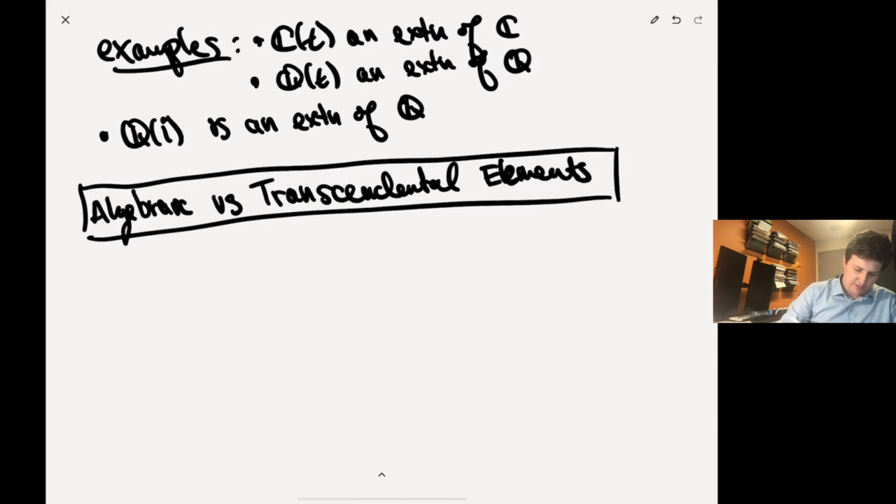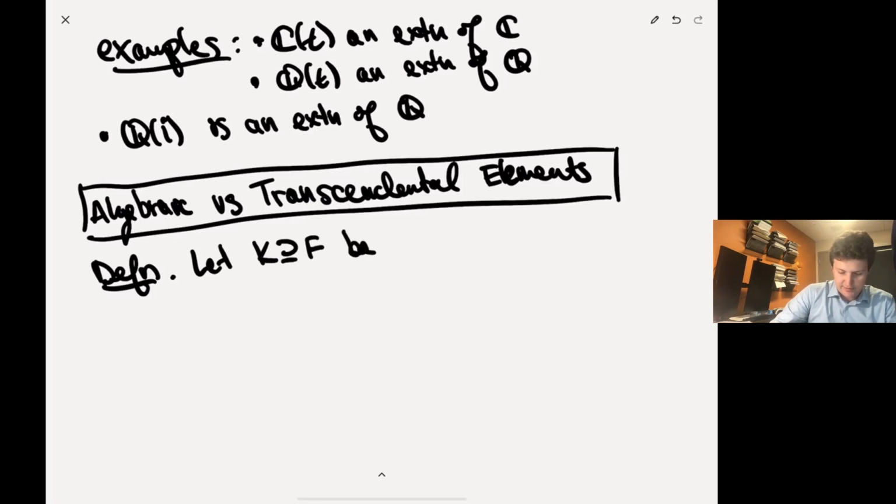All right, so let's start talking about this. We need to fix some sort of ambient setting. So let K contain F be an extension of fields.